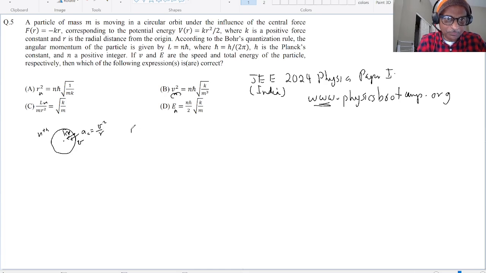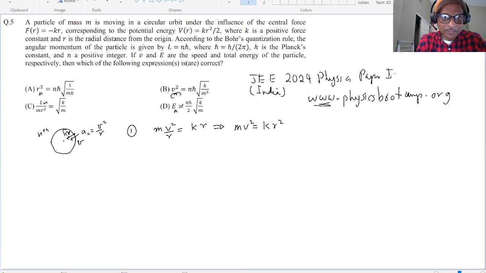So one equation you can write down right away is m v square over r equals kr. Multiply by r, and it's m v square equals k r square.